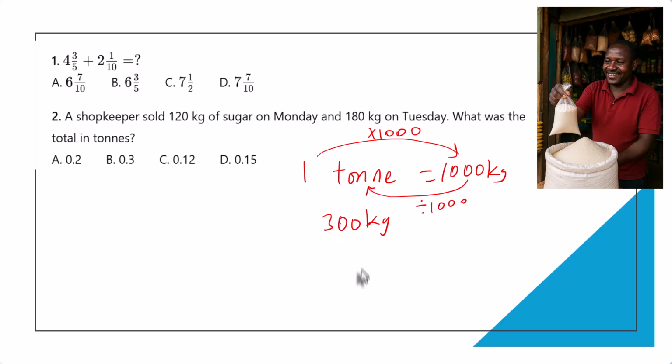When you divide by 1,000, the decimal point is always at the end, but it is going to jump once, twice, and 3 times to give us 0.3 something. You can put 0 there if you want. So this is the answer. Question 1 was A and question 2 is B.